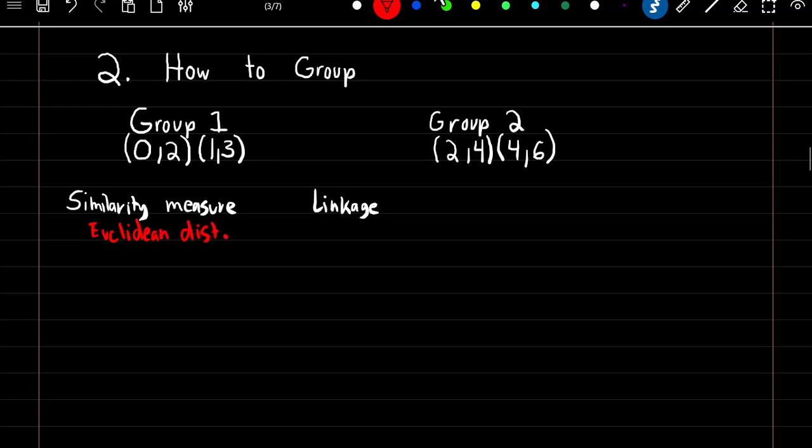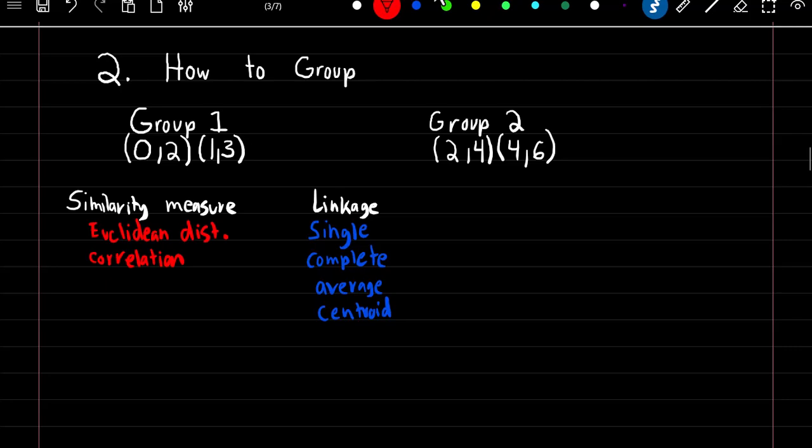Another method you could use is correlation. And for linkage function, we're going to have 4 options: single, complete, average, and centroid.